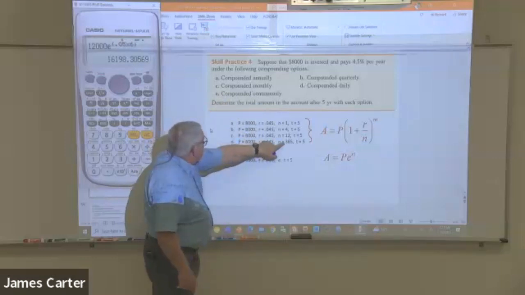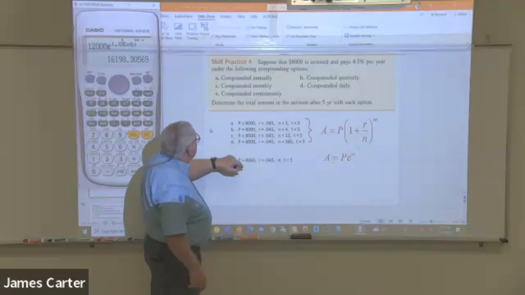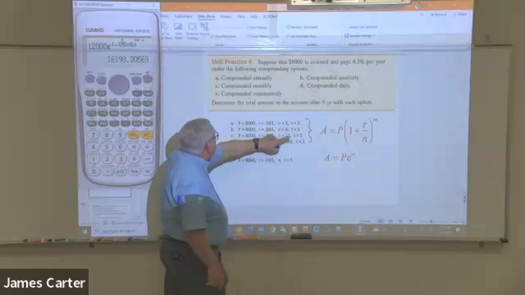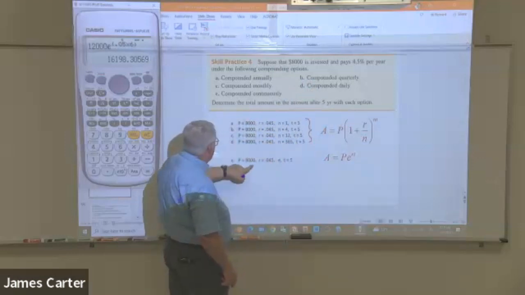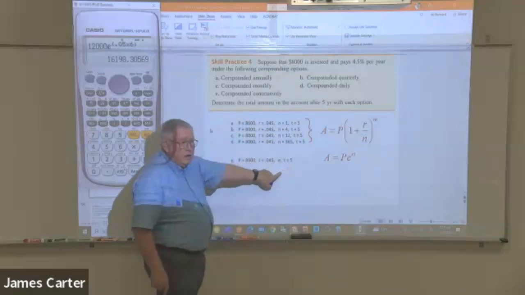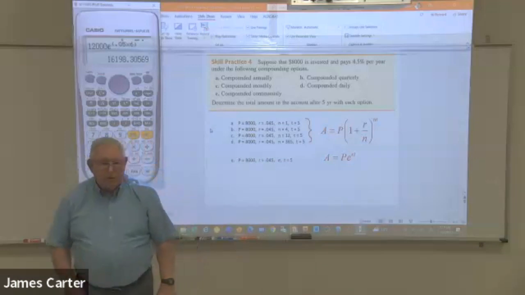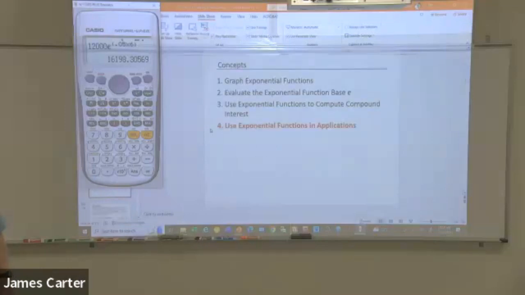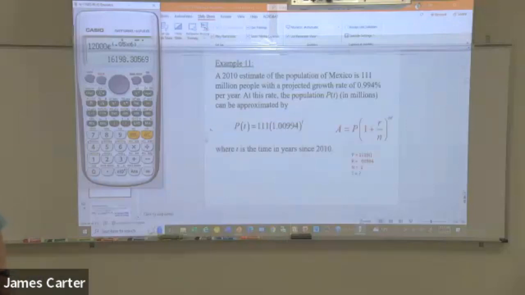Well, here's daily, and then quarterly is up here, and then continuous is down here. How you would set it up, okay? And we're not going to do those because it's just repetitive what we've been doing. Okay, use exponential functions in applications.